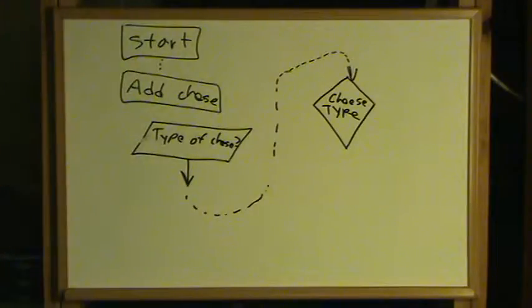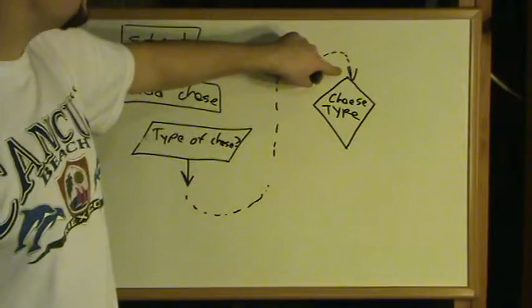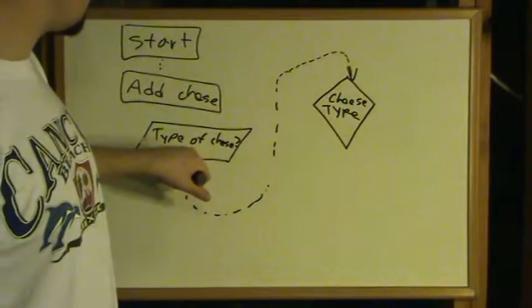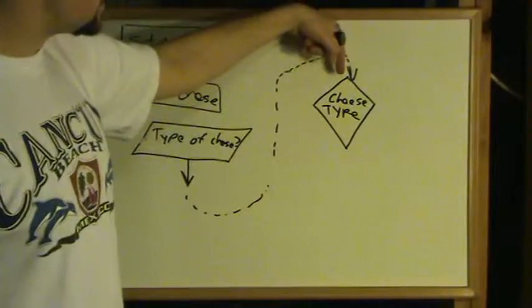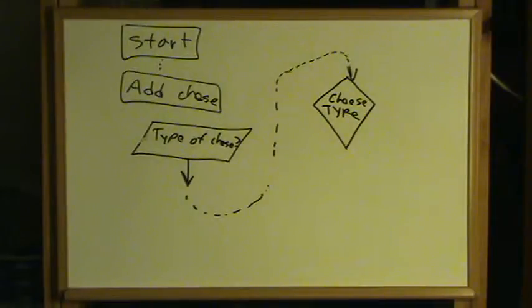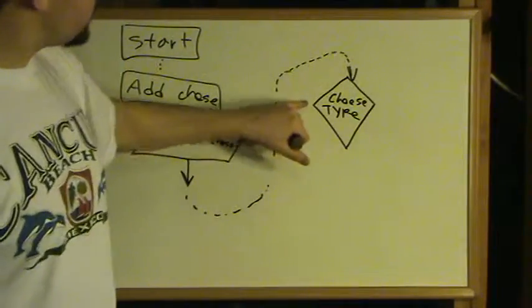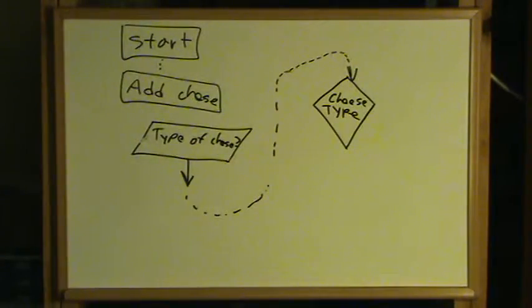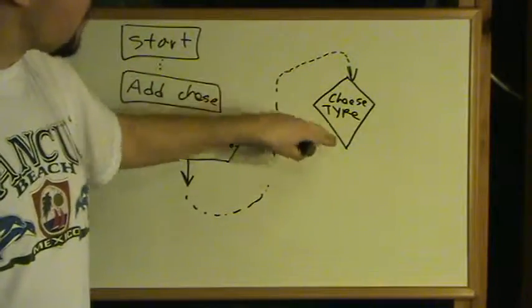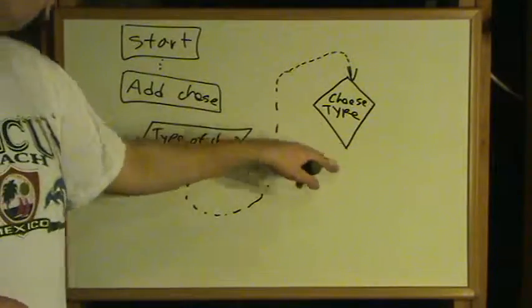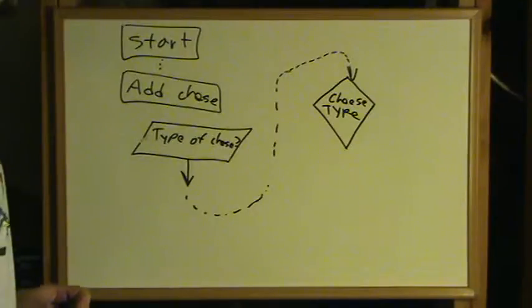Usually the top corner is where we came from, right? So from when we ask the type of cheese, now we go to deciding what we're going to do depending on what type of cheese they ask for. And we can use any of the other three corners to go out from there. Our program path can go out of any of these corners. Which corner we go to depends on what type of cheese they ask for.